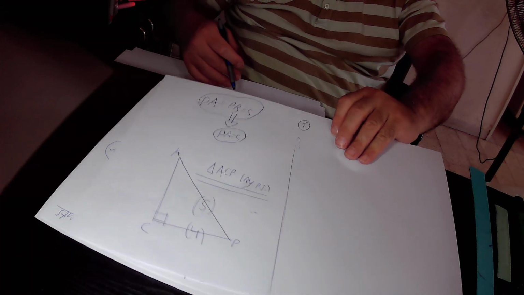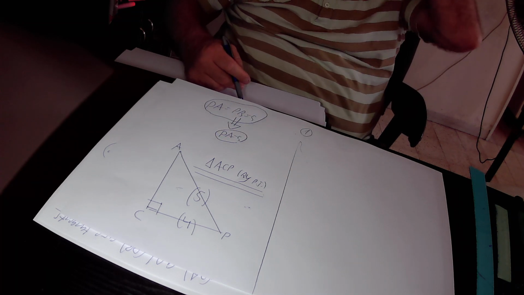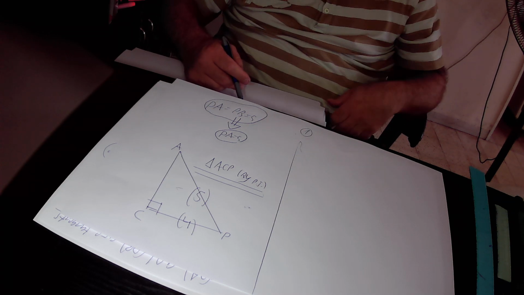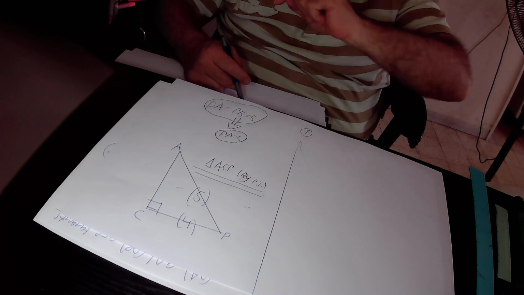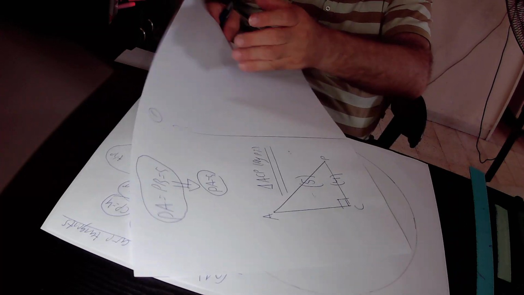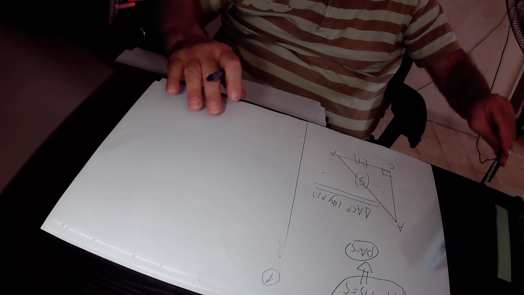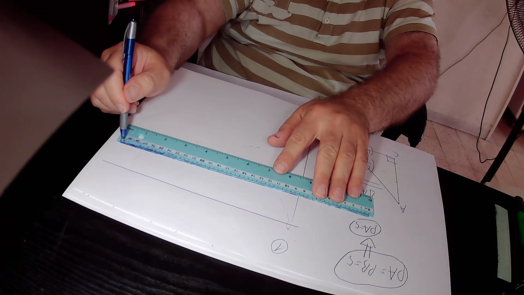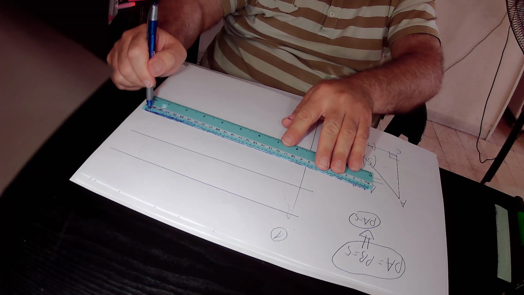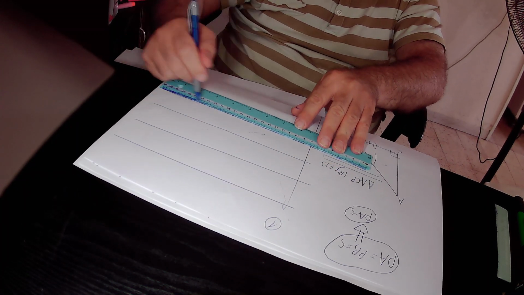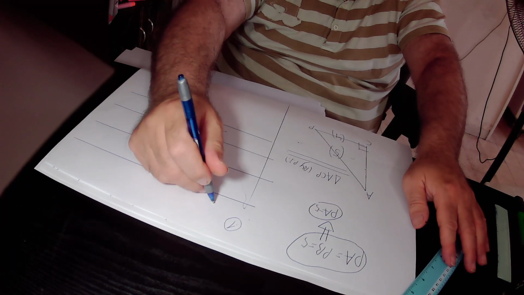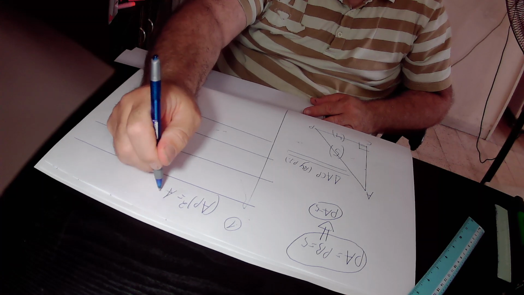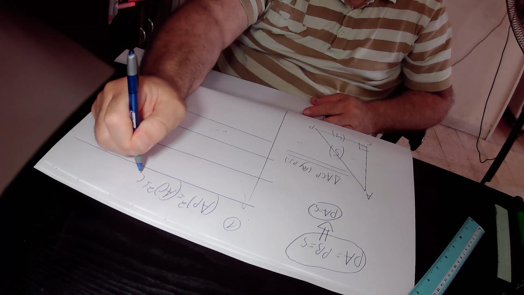So actually, this is the right angle ACP that I copied from the original drawing. According to the Pythagoras theorem, in this right angle ACP, AP squared, that is the square of the hypotenuse, is equal to AC squared plus CP squared. So I write it now.